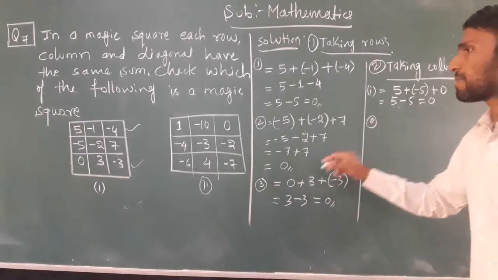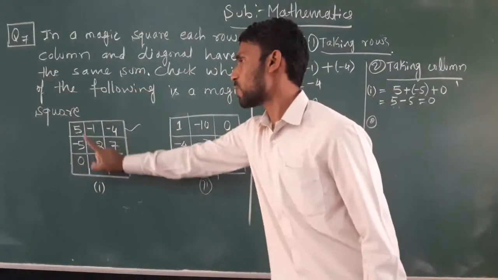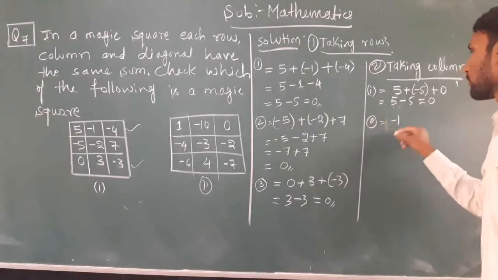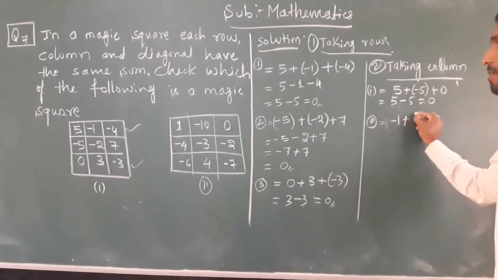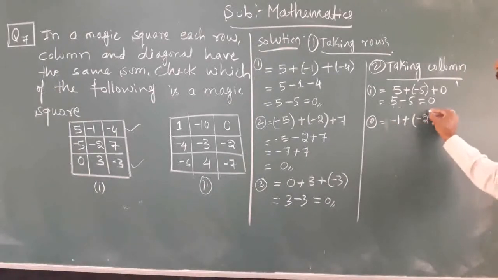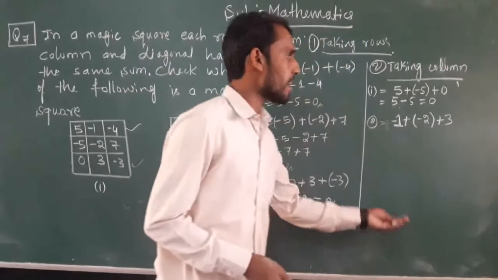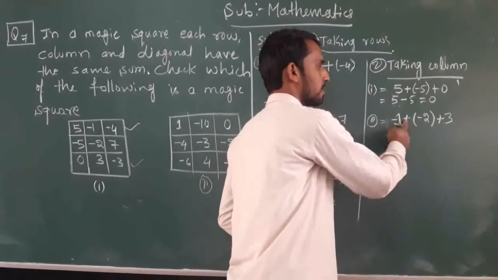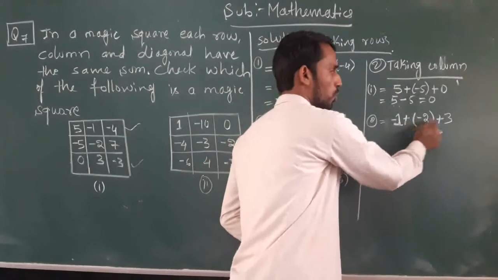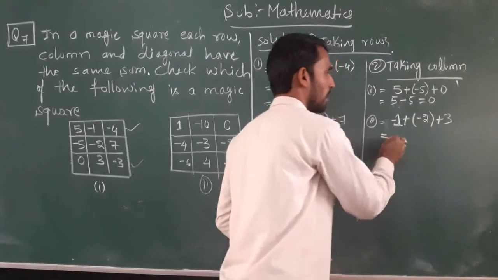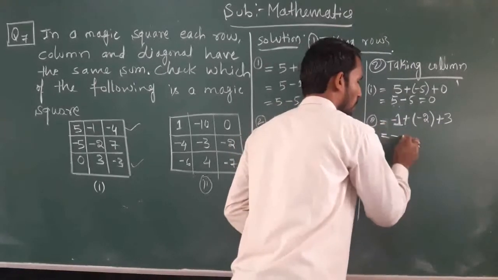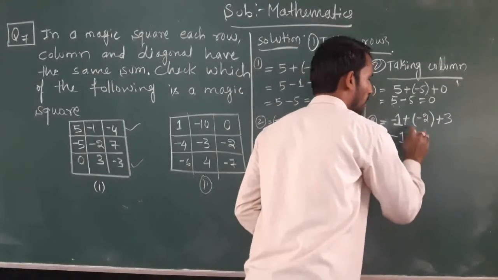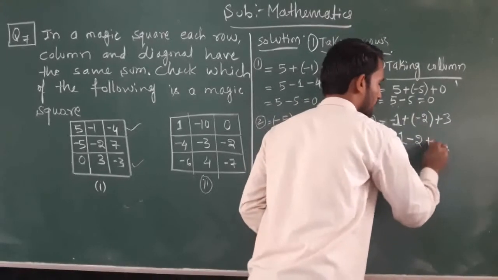Next I am taking the second column, this one: minus 1, minus 2, 3. Minus 1 plus minus 2 plus 3.